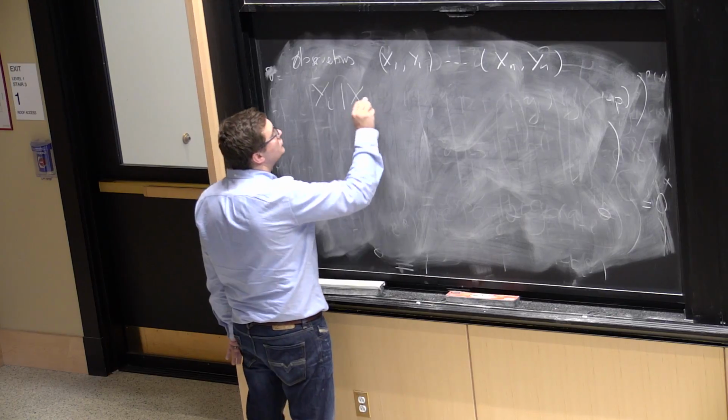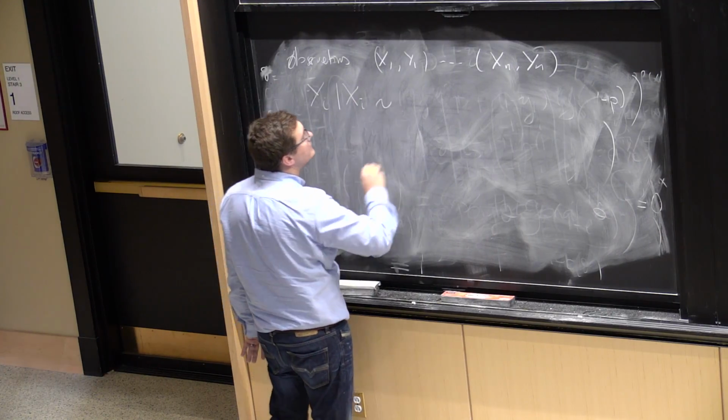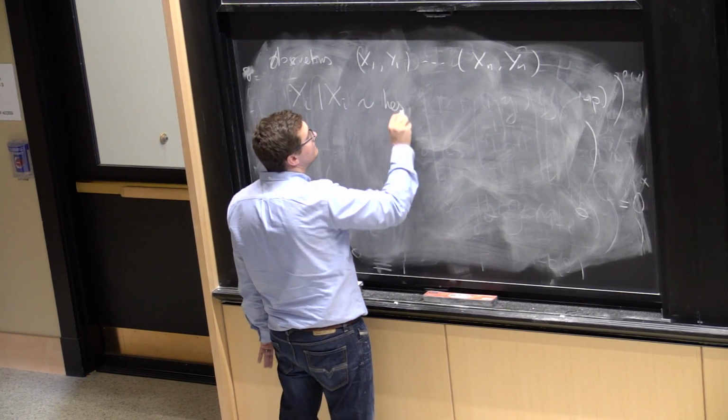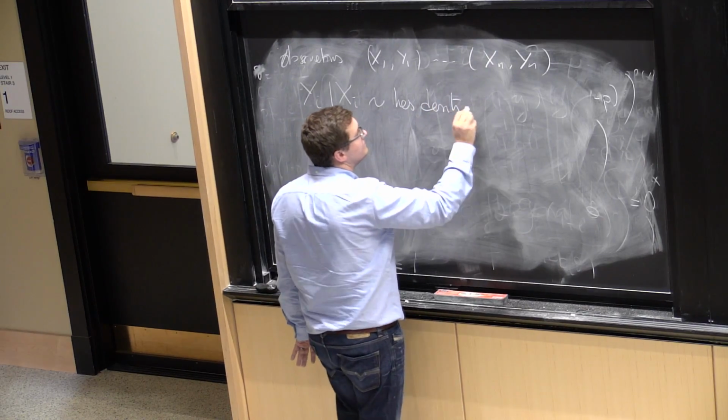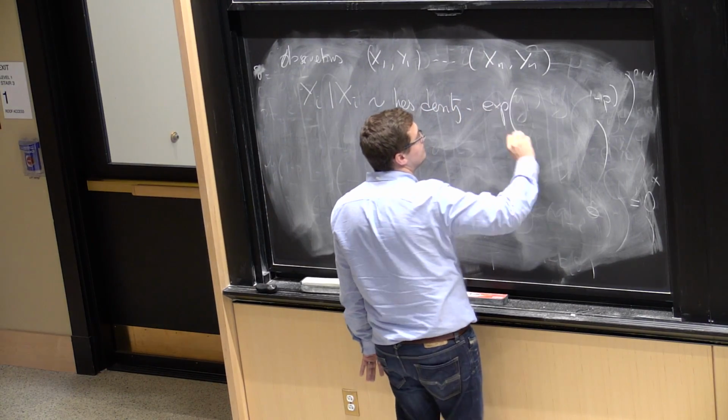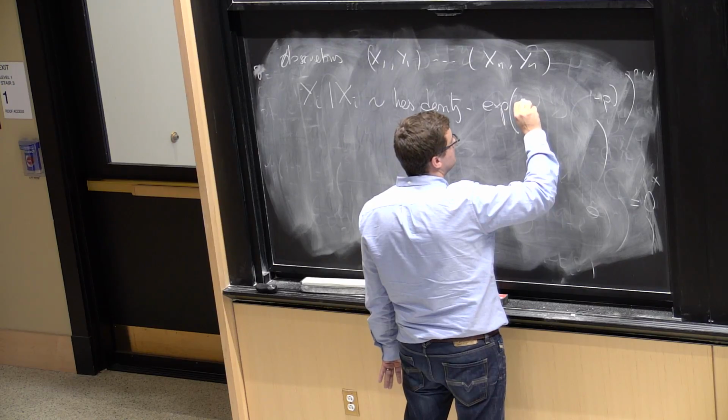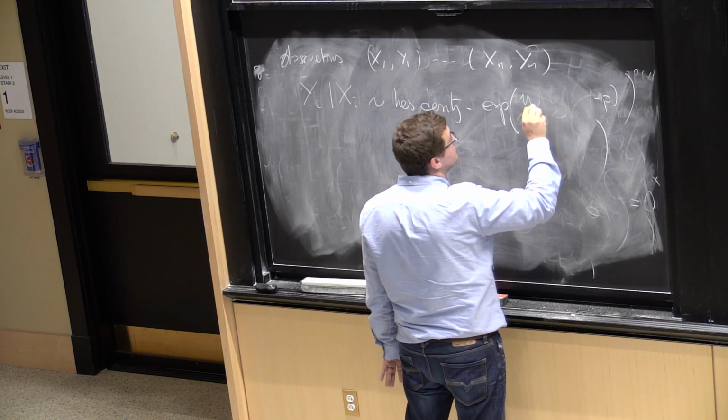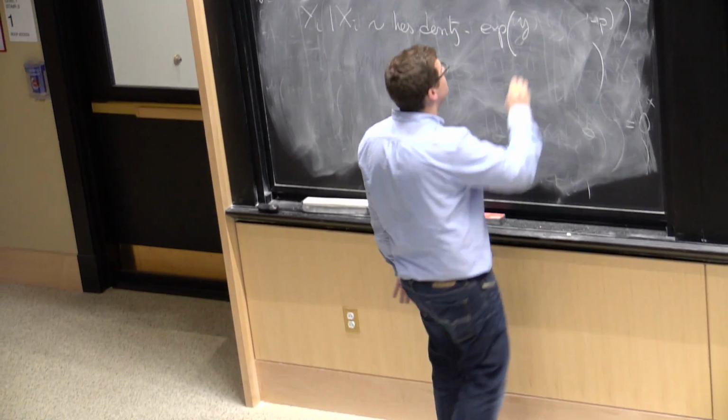And what I'm going to assume is that the conditional distribution of yi given xi is something that has density... Did I put an i on y? Yeah.